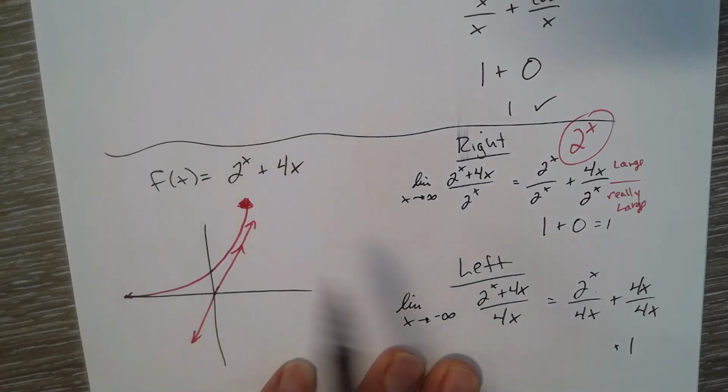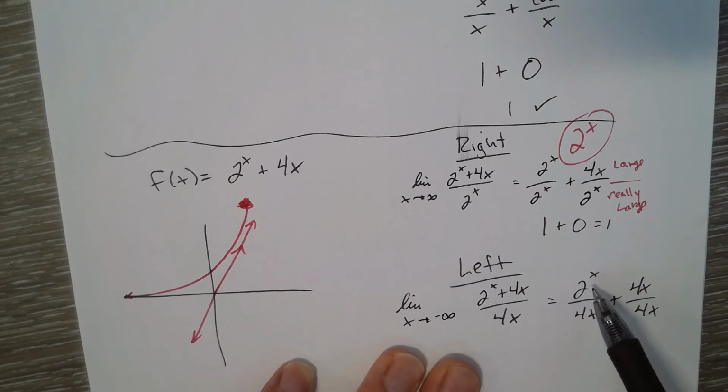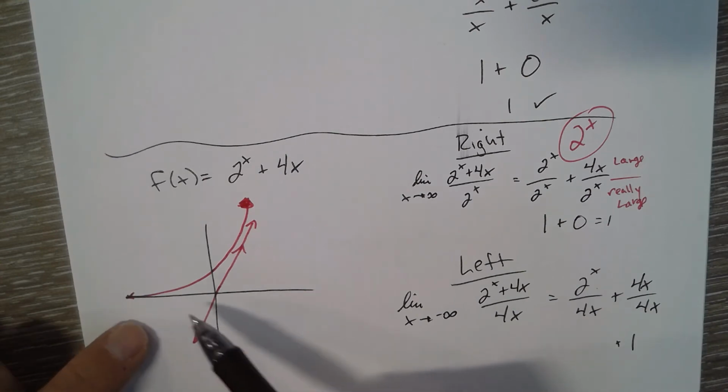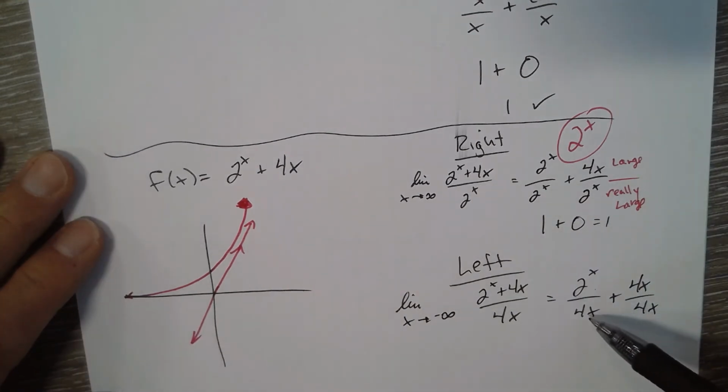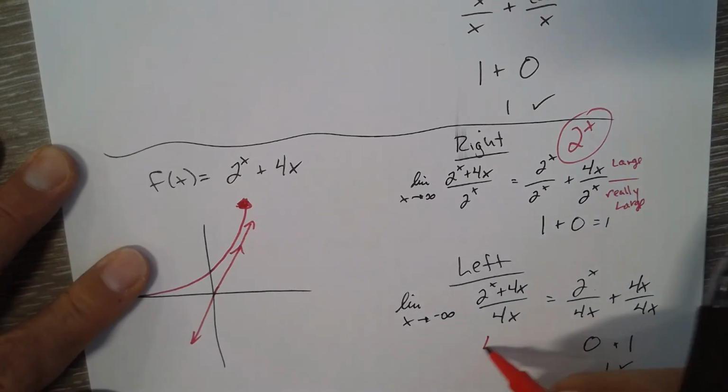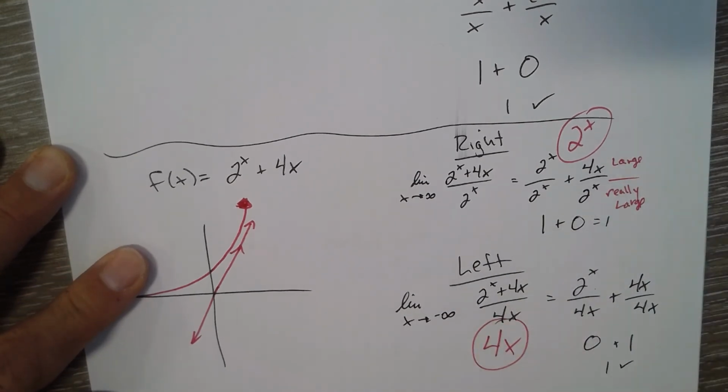We're approaching negative infinity, so this ends up becoming 0 over negative infinity. The 4x goes away from the x-axis faster, so that's more dominant. If the more dominant one's on the bottom, you get 0. So we get 1, which we wanted. So our left-end behavior model is 4x in this case.